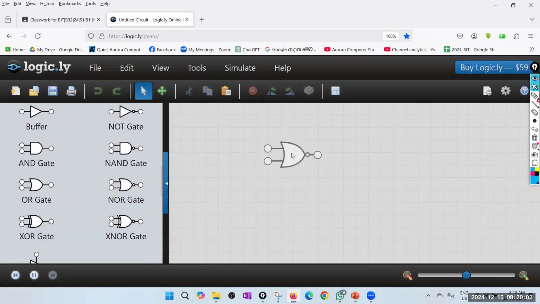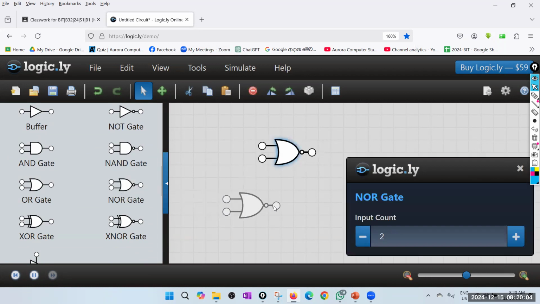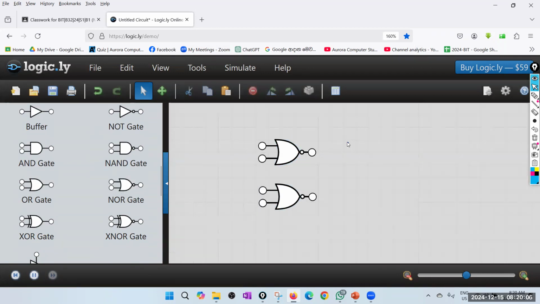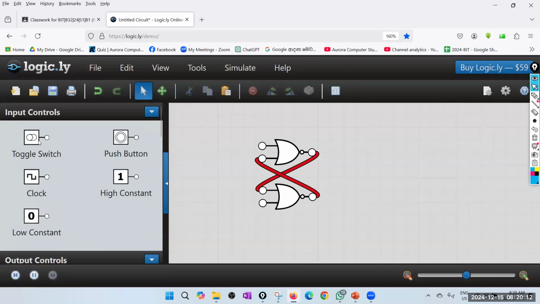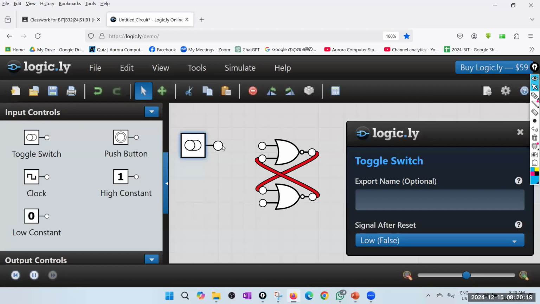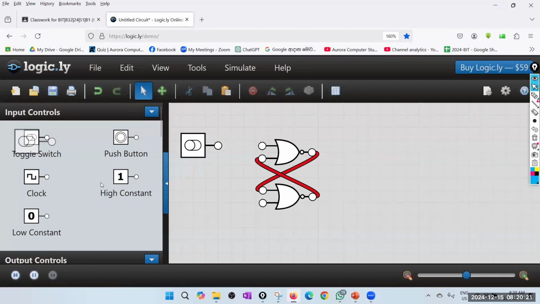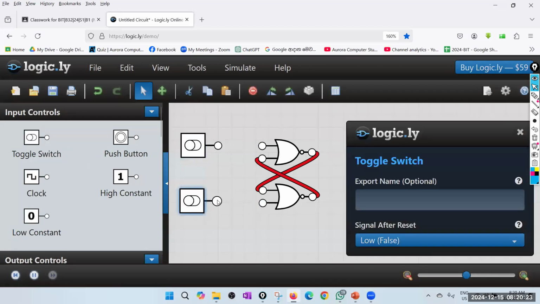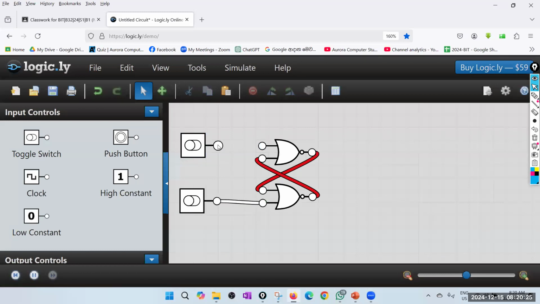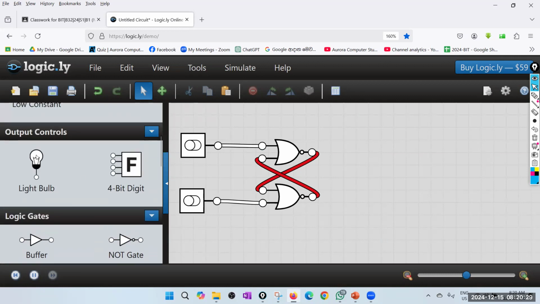Two NOR gates are required. Okay. So this output is connected to here. This output is connected to here. I need toggle switches. And to check the output, I need bulbs.